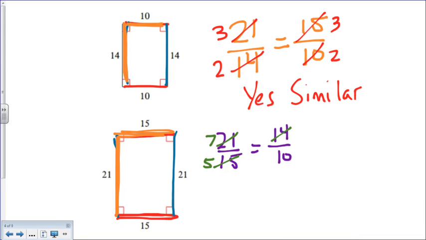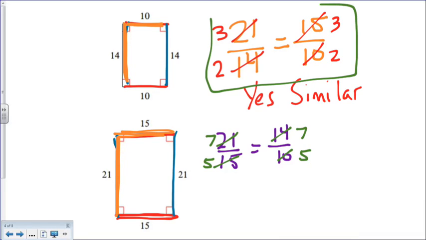For this one, 2 goes into 14 7 times and 2 goes into 10 5 times. So no matter how you set up this proportion, it's similar. But I do want us to focus on this one right here. I always want your ratios to be compared from big to small or small to big using corresponding sides.